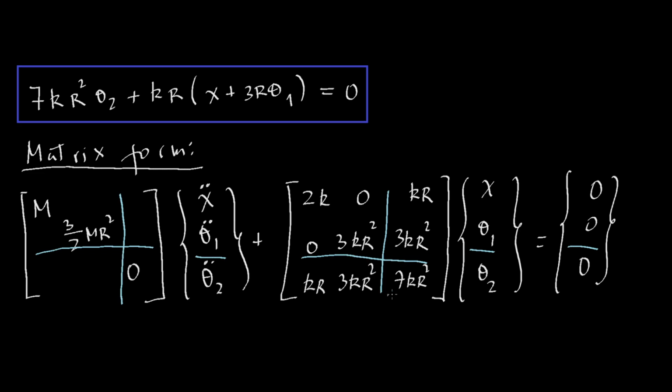This second matrix here can be thought of as our stiffness matrix. So we need to find a way in which we can eliminate this θ2 coordinate for our analysis, because the problem is that there is a zero contained in this diagonal of this matrix.